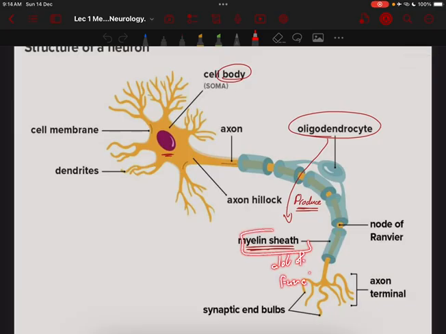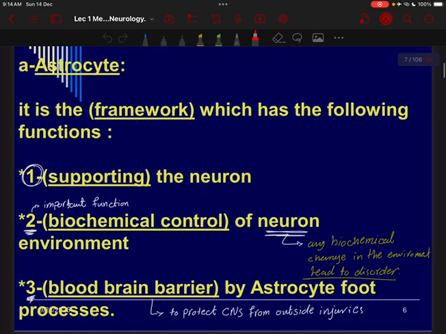Okay, we start with the astrocytes. These are one type of glial cell. The astrocyte forms a framework, like a mesh, like a net, and the neurons are suspended in that net.